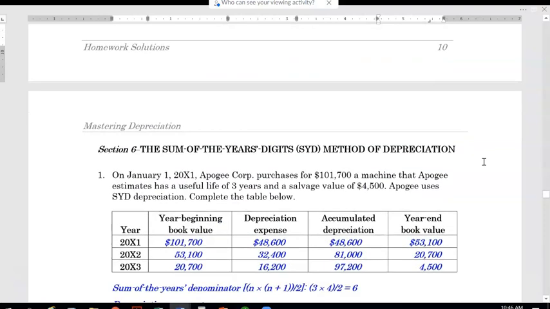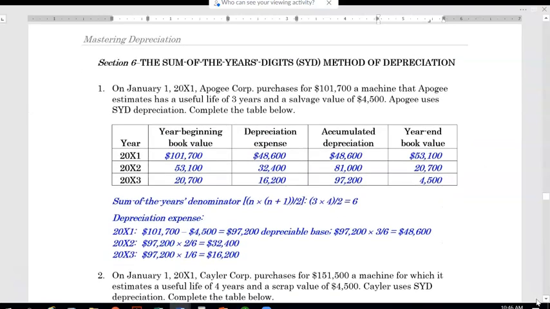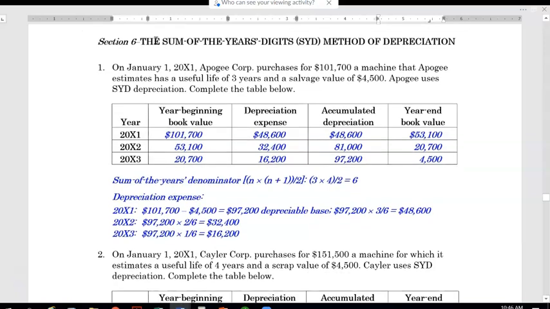Okay, so we have one more section to go. This section 6 is not that common for depreciation in a business environment, but it is a method that is available. Nowadays, this sum of the years digit method is not in financial accounting books anymore because it's not that common.